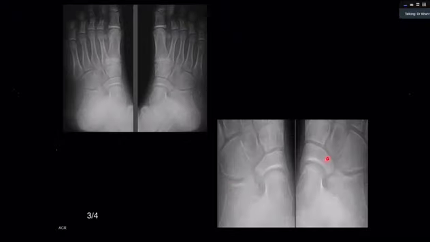This is right here, and this is left. This small view. Anything? I'd want to look more closely at the talus and the calcaneus to see if they are separate or if there's evidence of coalition there.